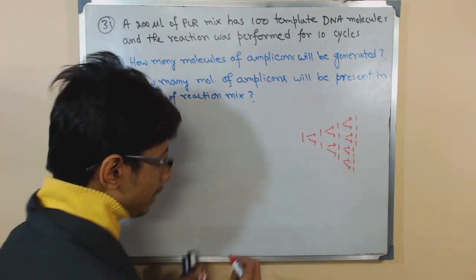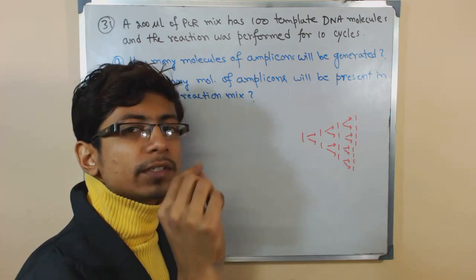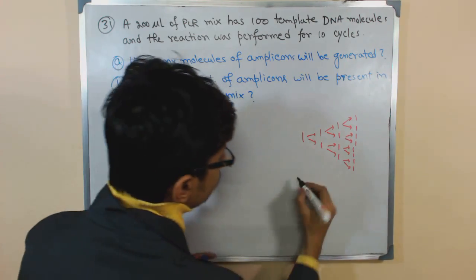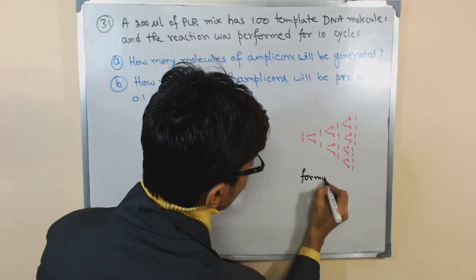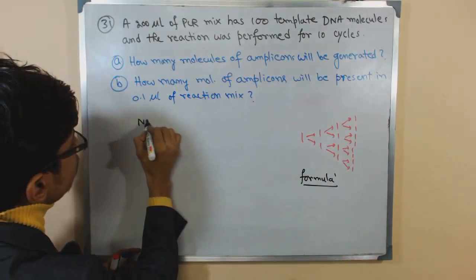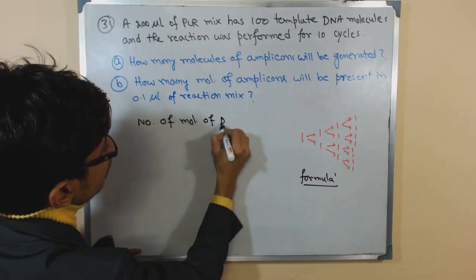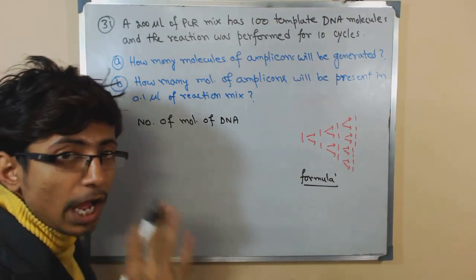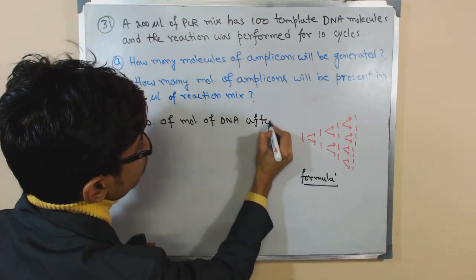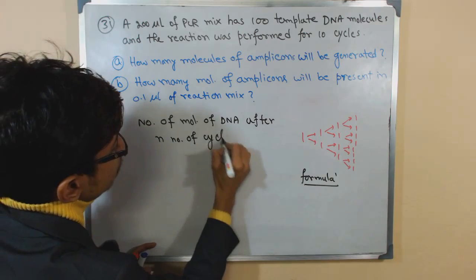The number of increments has a pattern, and that pattern can be fed into a simple formula, the formula for calculating the number of molecules of DNA generated after a particular number of cycles, say n cycles.